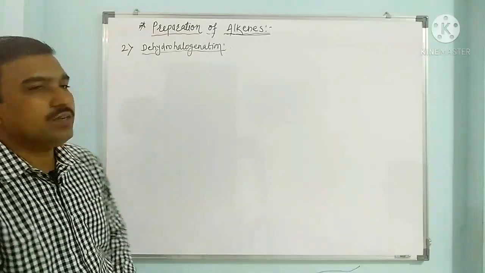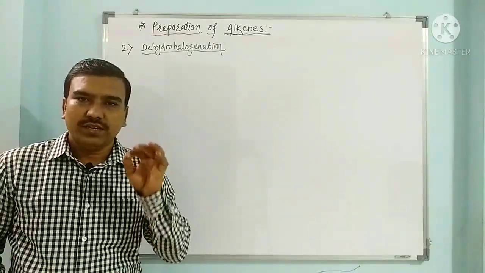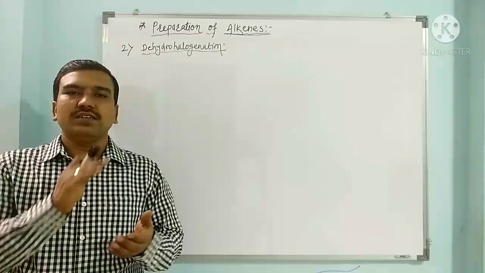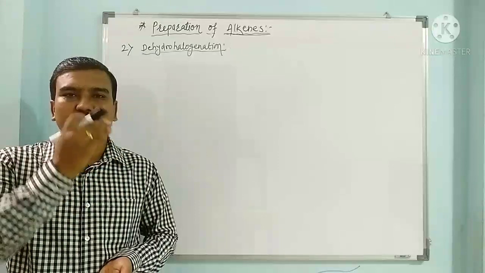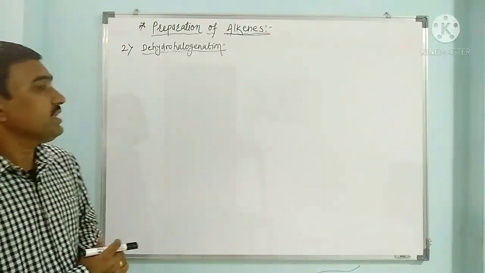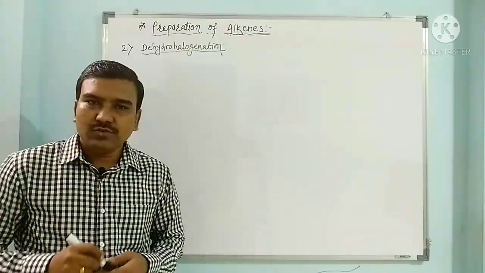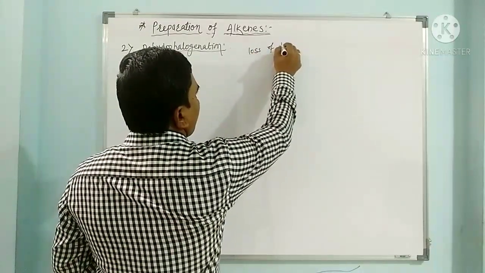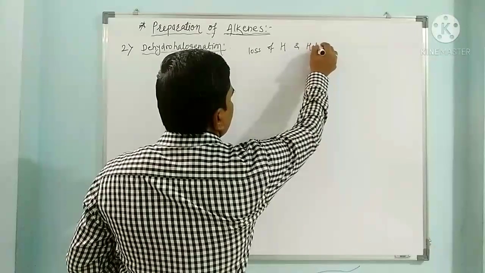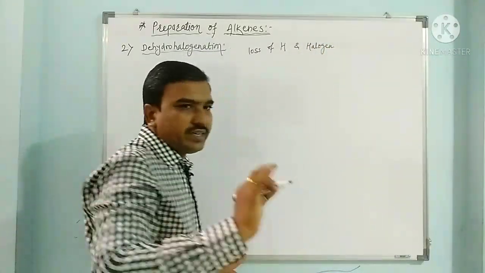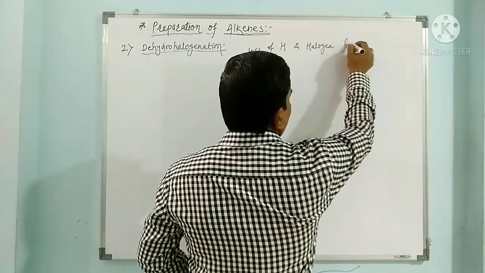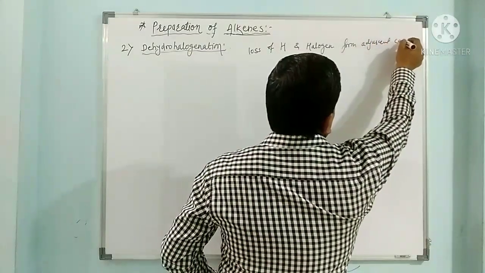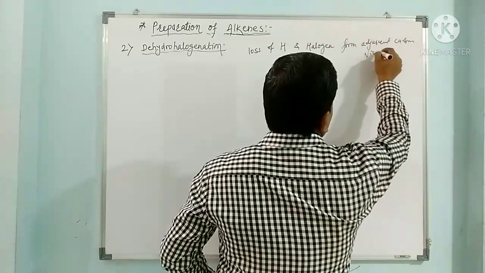So what is the dehydrohalogenation reaction? When an alkyl halide reacts with an alcoholic base such as alcoholic sodium hydroxide or alcoholic potassium hydroxide, it undergoes an elimination reaction, with a loss of hydrogen and halogen from adjacent carbons, that is, vicinal carbons.